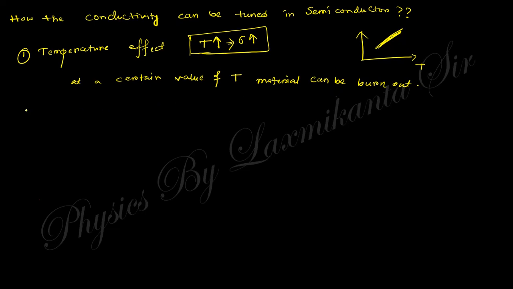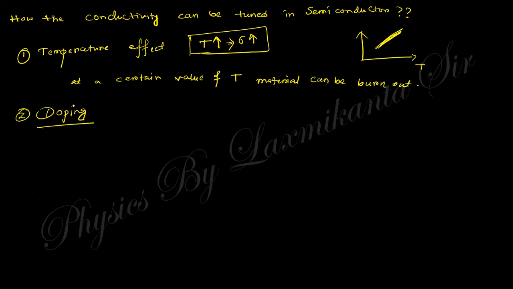This other method is doping. What is doping? Doping is another type of material mixed with that one in a very small percentage, like 0.1 to 1%. Doping makes the material's conductivity changeable.